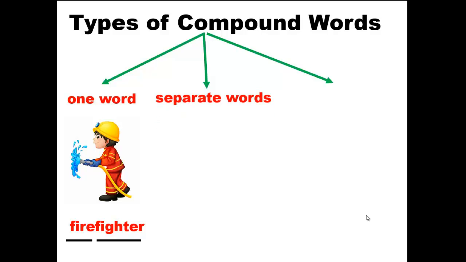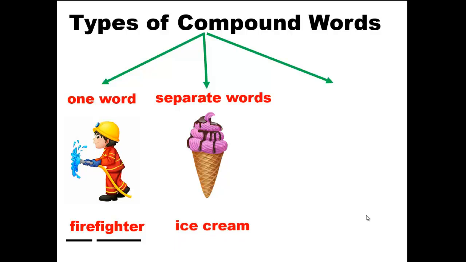The second type is separate words. Compound words can be found as two separate words. For example, ice cream. How many words is it made up of? The term is made up of two words. The first word is ice. The second word is cream. Both words are used to refer to one item.